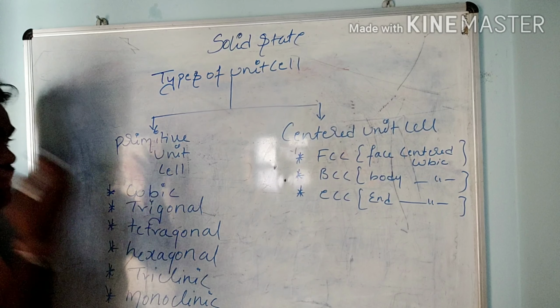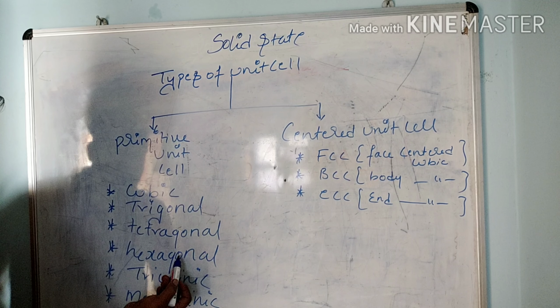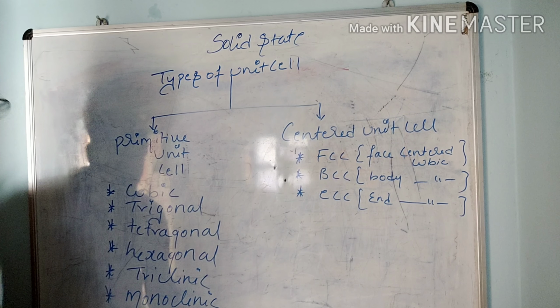There are 7 unit cells: cubic, trigonal, tetragonal, hexagonal, triclinic, monoclinic, rhombohedral.